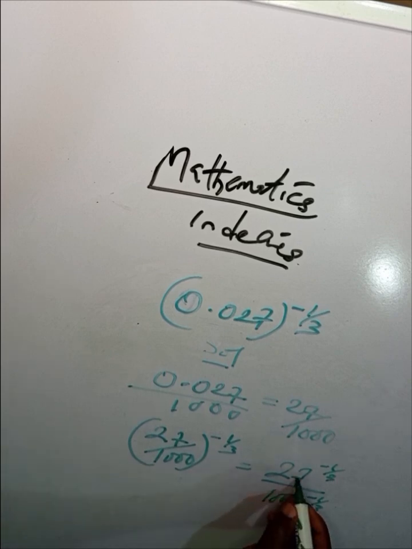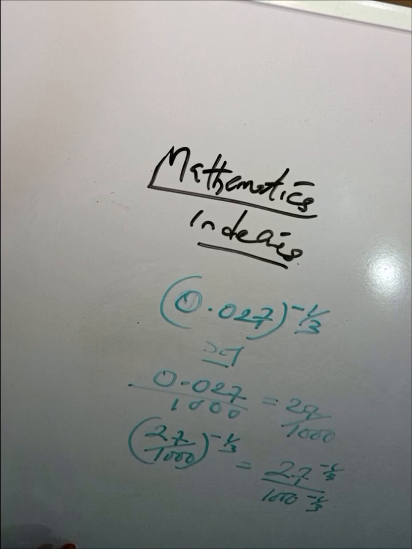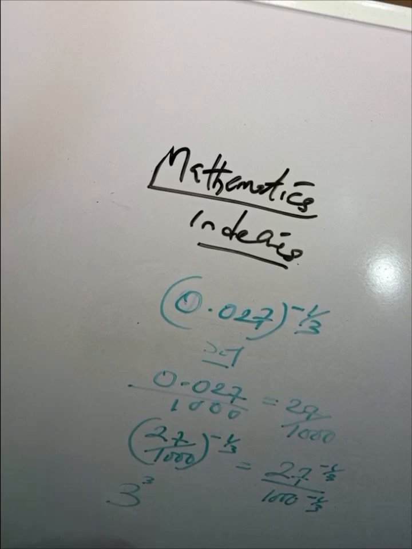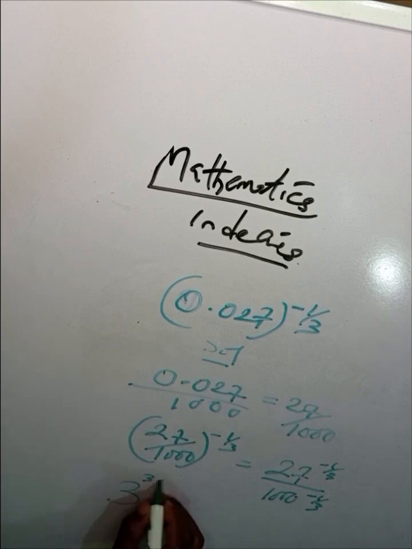So, can we raise 27 to power? Yes. What can raise 27 to power? 3, right? 3 raised to power what? 3. That is 3 times 3 times 3, which is 27. 3 times 3 is 9, 9 times 3 is 27.